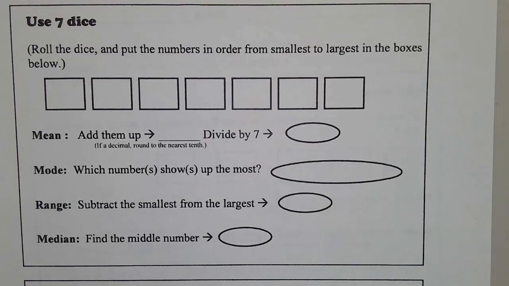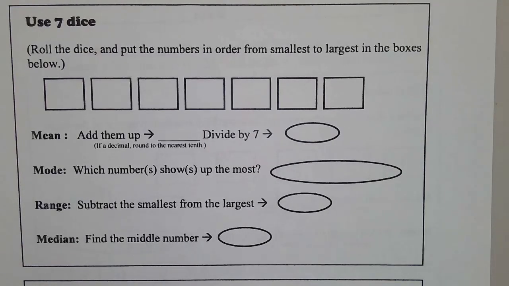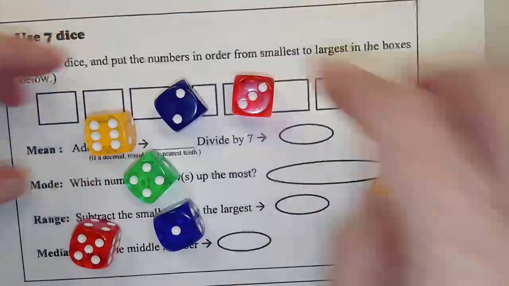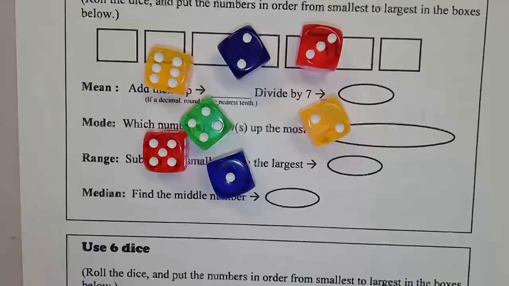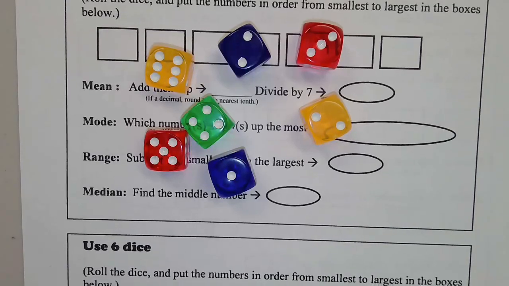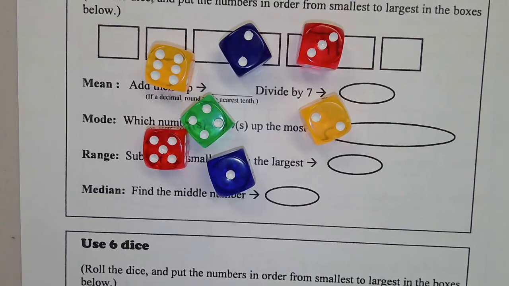Okay, there are your numbers. Take about 10 seconds and I'm going to give you the other set of numbers. I don't expect you to get all the work done, but you're going to need to have those numbers.